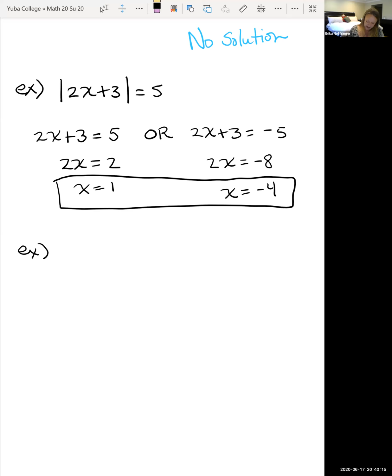So if you have the absolute value of x squared minus 2x, and the absolute value is equal to 3.